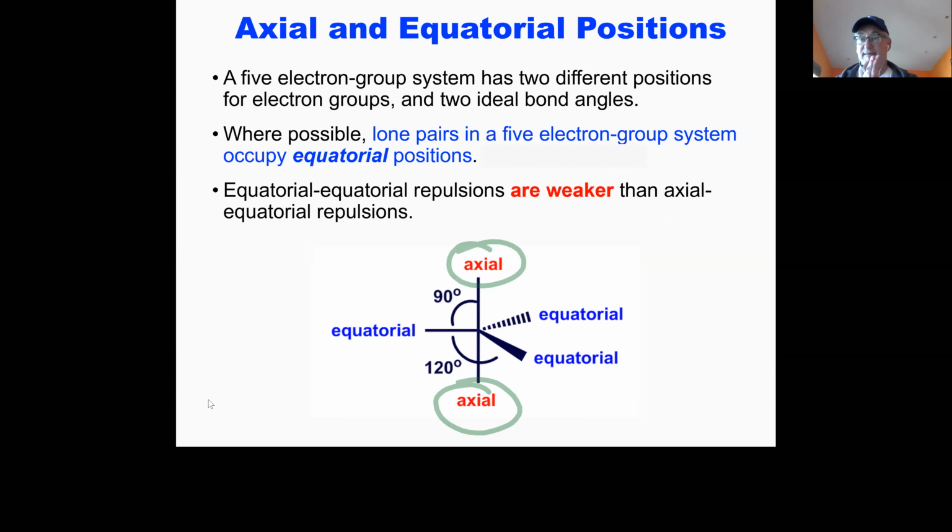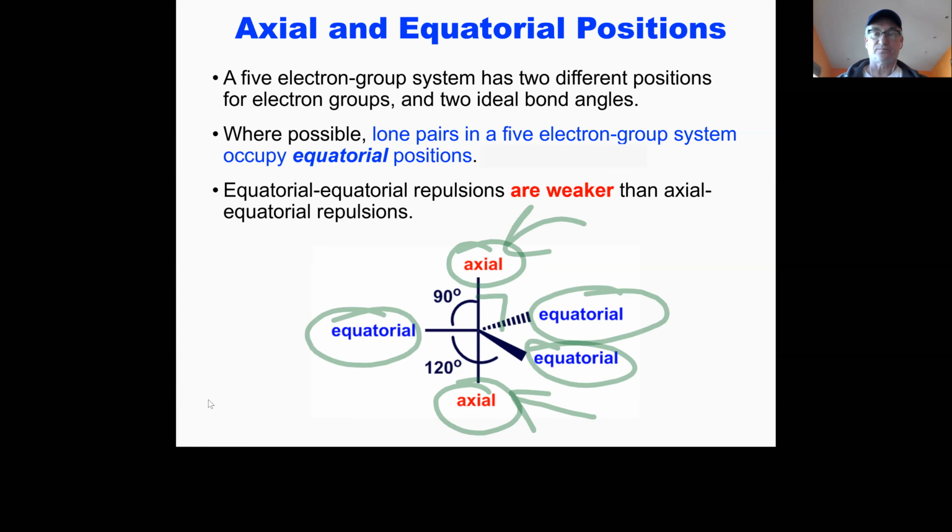That way you're ensuring that there are only going to be 90-degree angles between whatever you put here and whatever you put here, so you want those to have the least repulsive quality. The ones with the highest repulsive quality, great big atoms or lone pairs, you want to put in the equatorial positions. Those have 120 degrees from each other. So that's where you want to put groups that have a lot of repulsive capacity, like a lone pair.